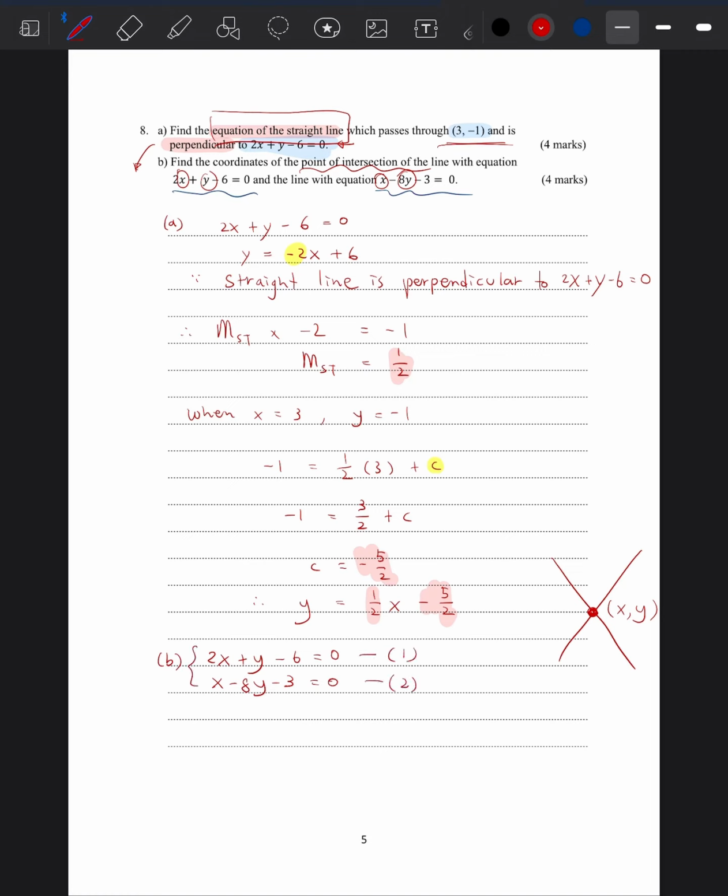So for simultaneous equations, we always name them so we don't have to write them out again and again. In this case, there's no equation with a subject, so we can just rearrange it a little bit. From equation 2, we rearrange it so that we have a new equation, x equals 3 plus 8y.